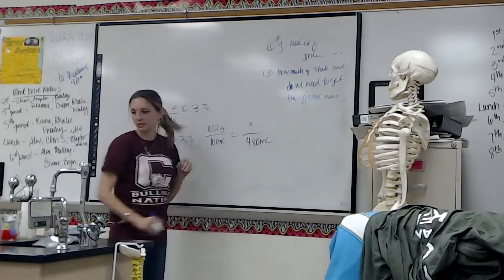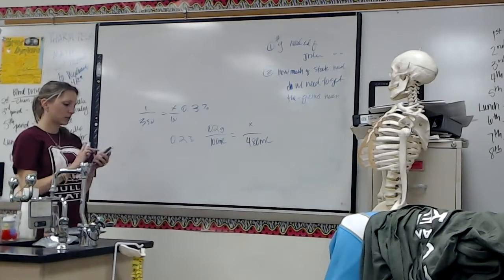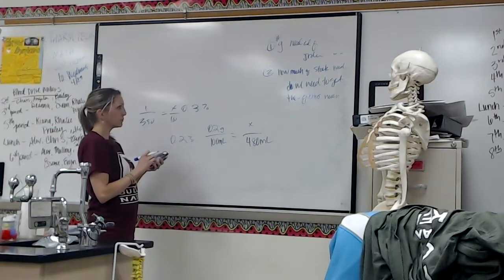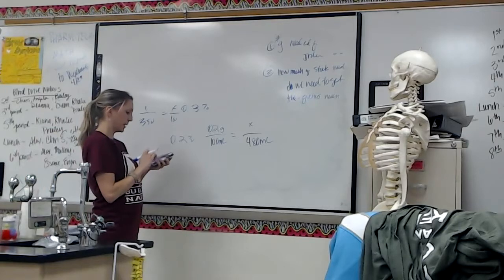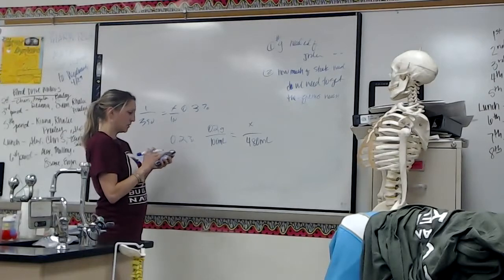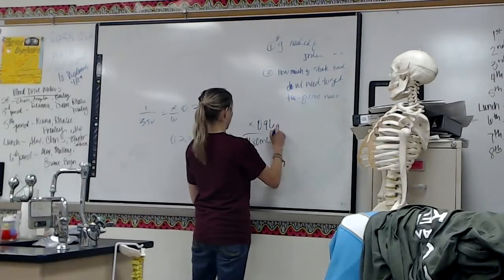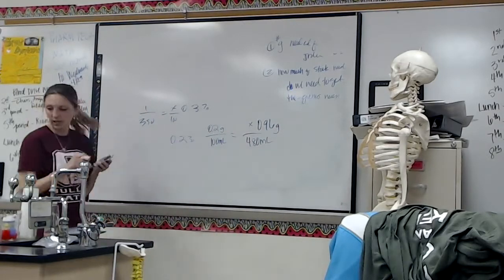This is going to tell us how much of our active ingredient we need. Step 1 here: 0.96 grams is what we need. Okay. So now we go on to step 2.